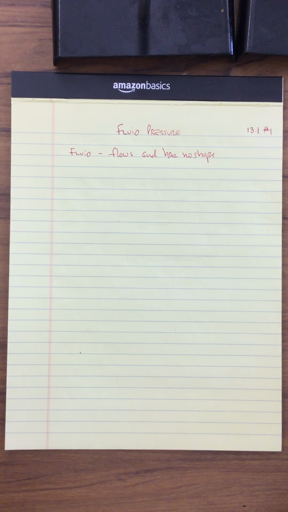So here's a very quick demonstration of Pascal's principle. This is a syringe. It's filled with glue, a very, very thick and viscous fluid. I'm going to press on one end, and something magical is going to happen.